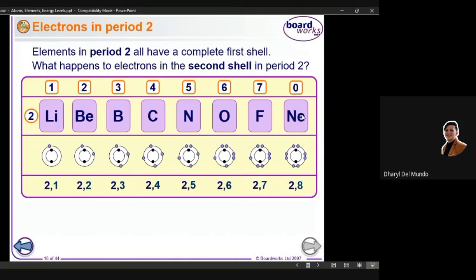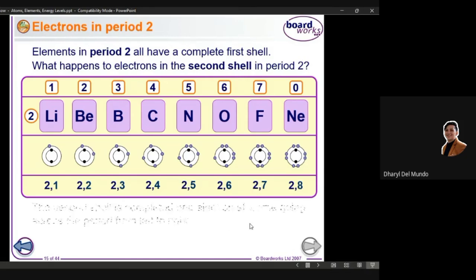So noble gases have a maximum of 8 electrons, which is included in group 8. All right, so it means that it's already full.